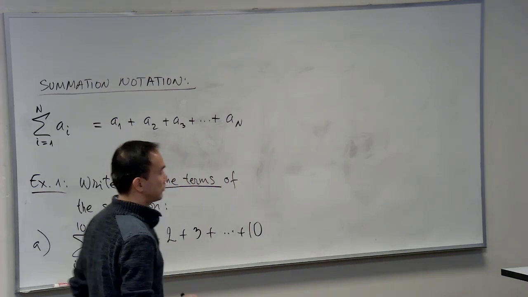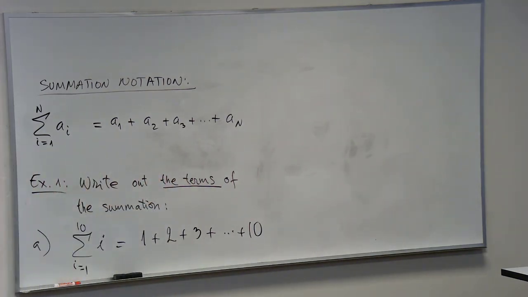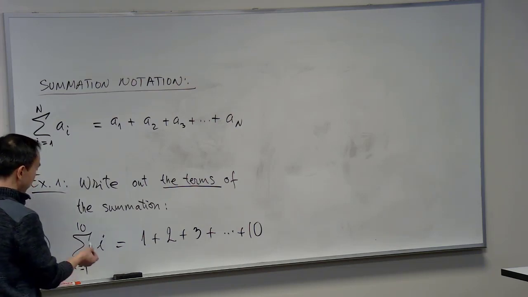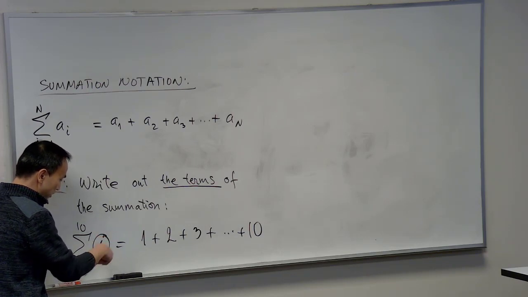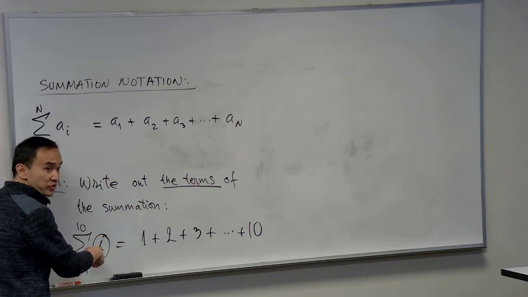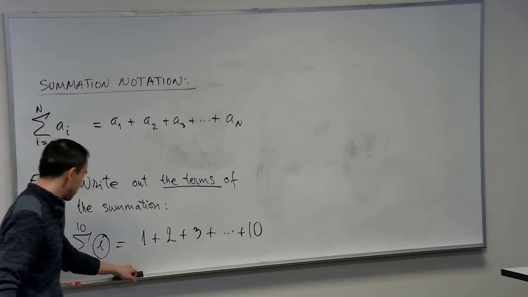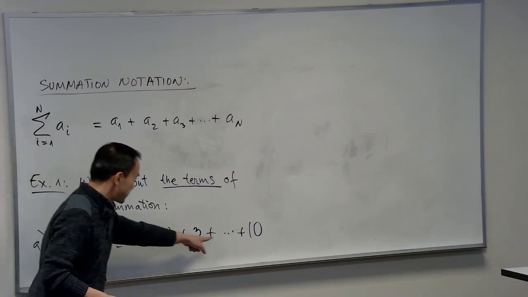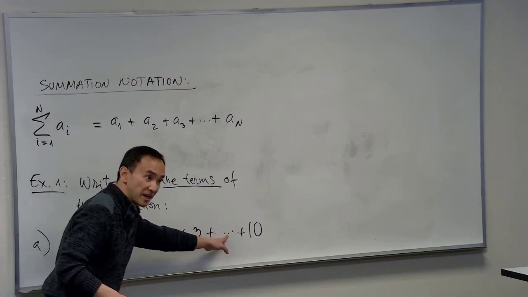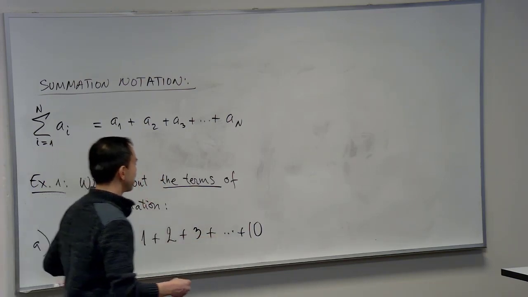That's how we write it. The way summation notation works is that the general expression gives you a way to express the term at each index position. If we're at the 5th term, that means the 5th term is 5.